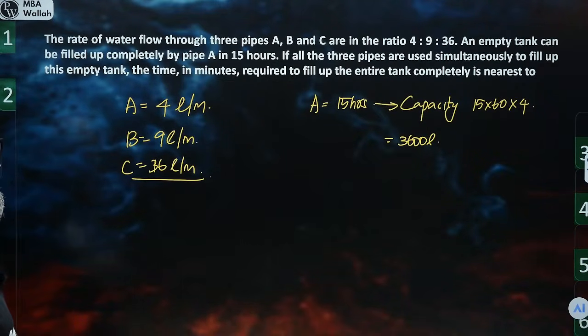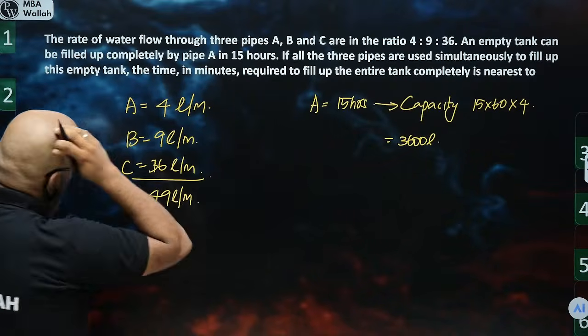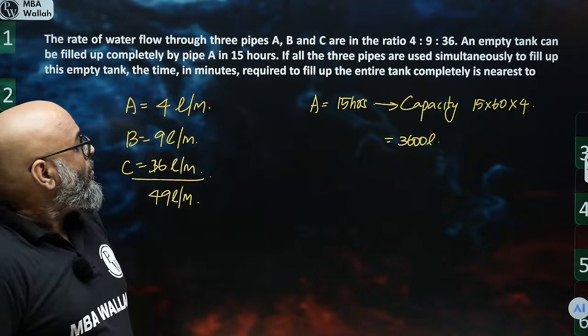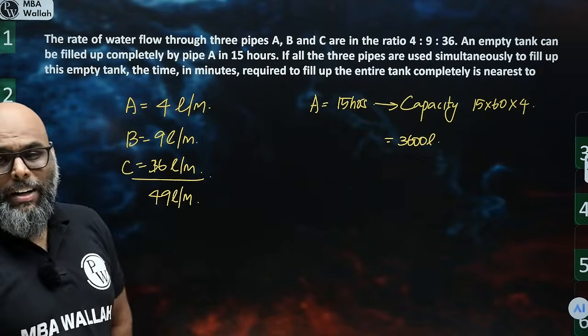So if all three of them are going to fill this, we get 4 plus 9 plus 36, that is 49 liters per minute. So if all three of them are required to fill the tank, what time will it take?